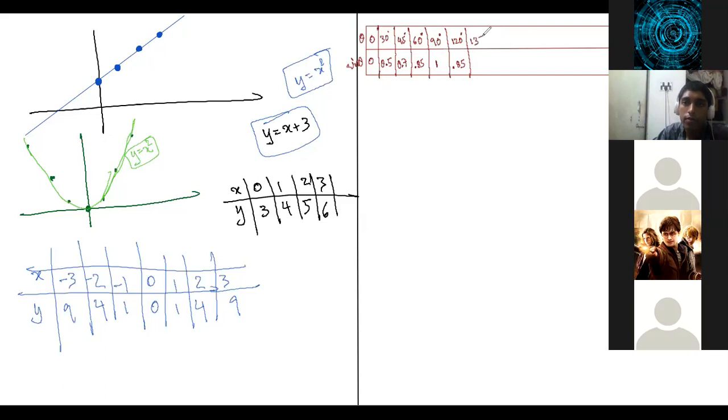Next is 135, which will be 0.7. You guys are understanding? Sine 135 is sine of pi minus 45, which equals sine 45. This is the same as sine 45, which we just proved a while ago. So this will also be 0.7.